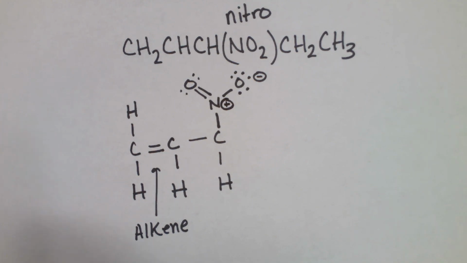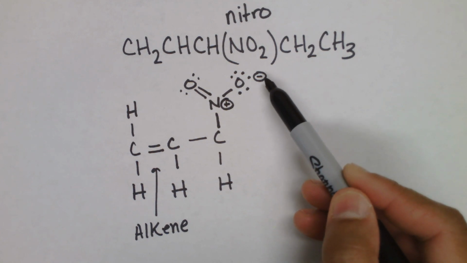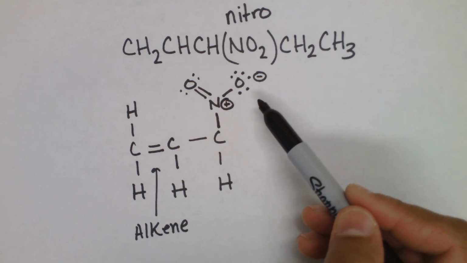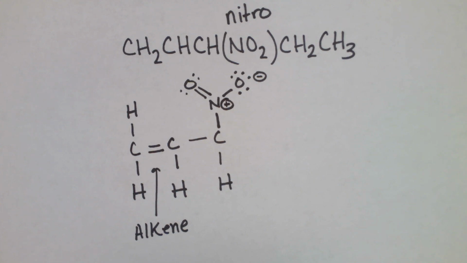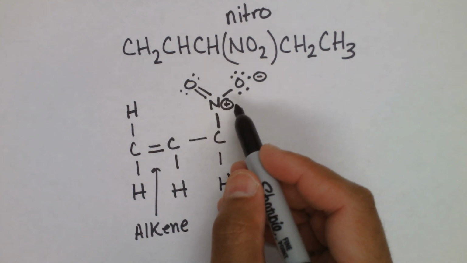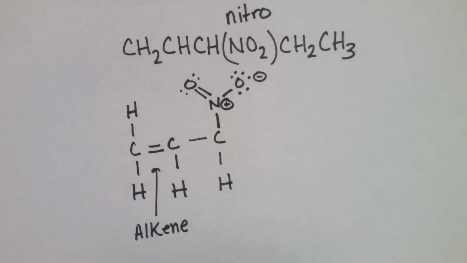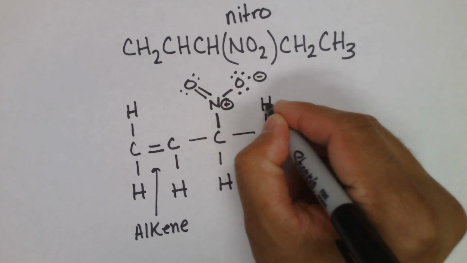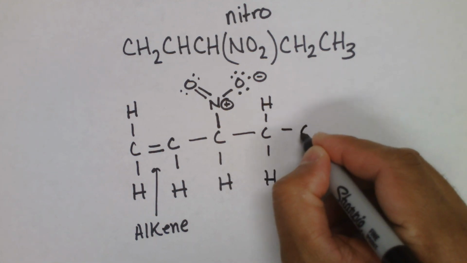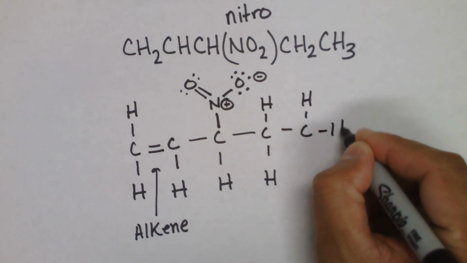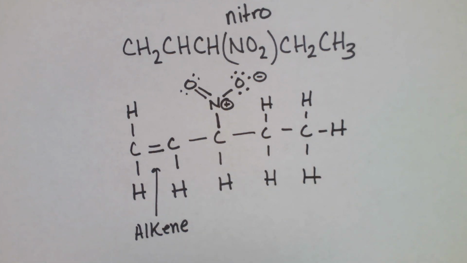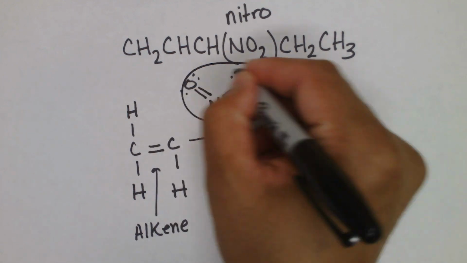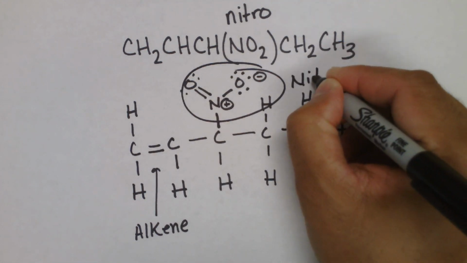So interesting, while some of the atoms in this molecule do have a formal charge, the net charge actually cancels out, +1 and -1. But this whole section right here is what we'll call the nitro functional group. Let's go ahead and finish the Lewis structure. And there it is. So this whole thing right here, we can call the nitro group.